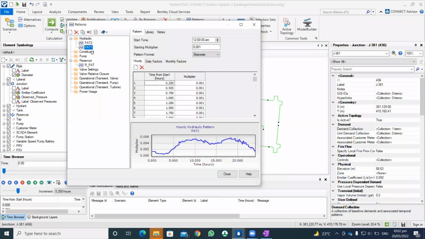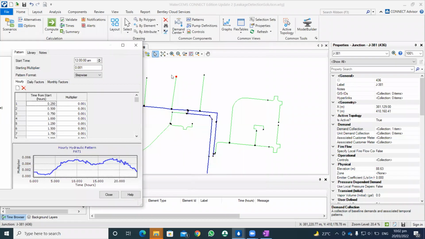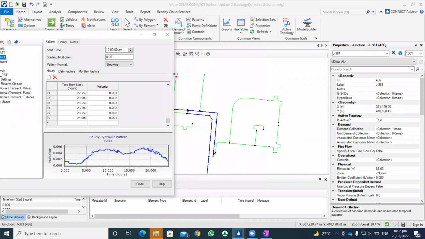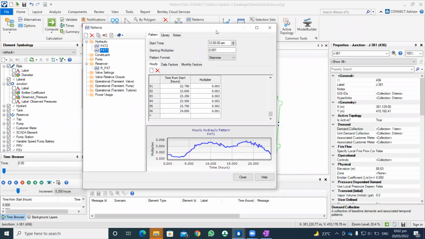Based on the part 1 pattern, when the time reaches 0.25 hours or 1 hour, that multiplier will be multiplied to the demand assigned to it. So at each time interval, the specific multiplier will be multiplied to the specific demand at specific junctions, and when the demand is calculated, based on the extended period simulation, the water will be drawn from the reservoir.